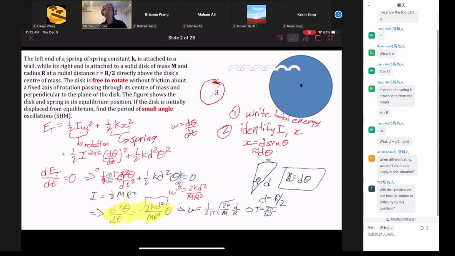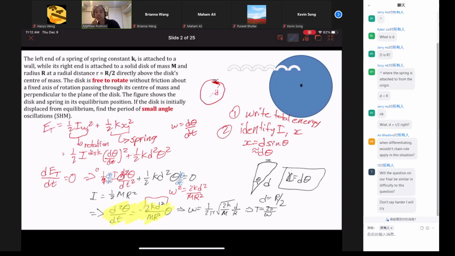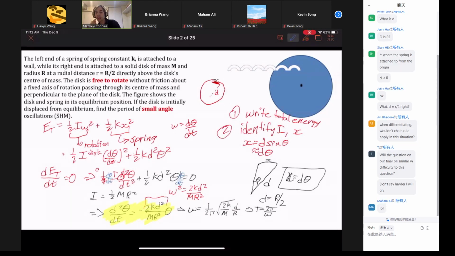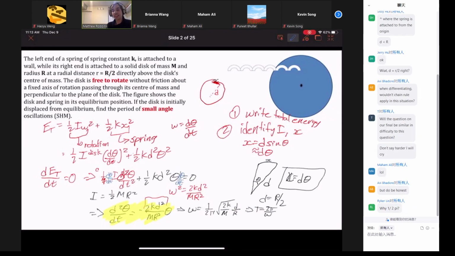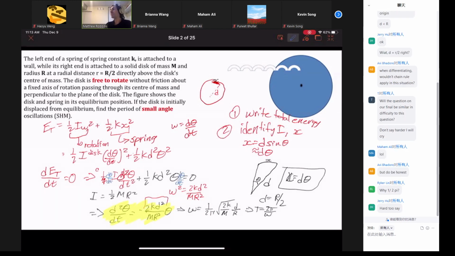Will the question on your final be of similar difficulty to this question? I never want to say harder, but then I also don't want to say easier because different people find it at different levels of difficulty.